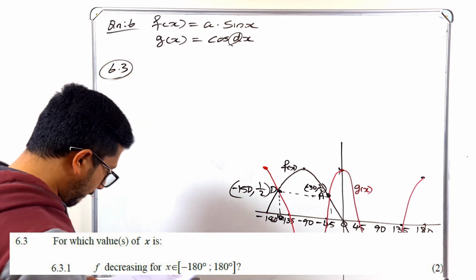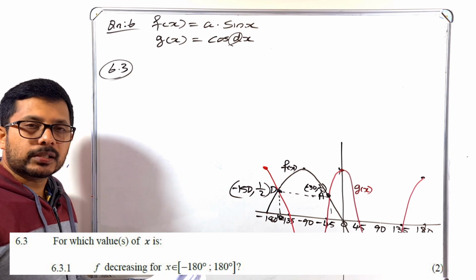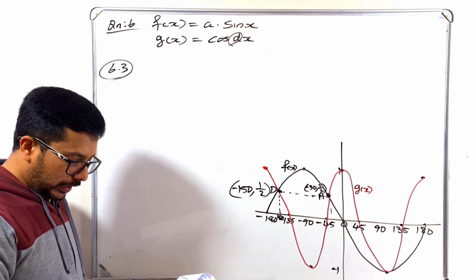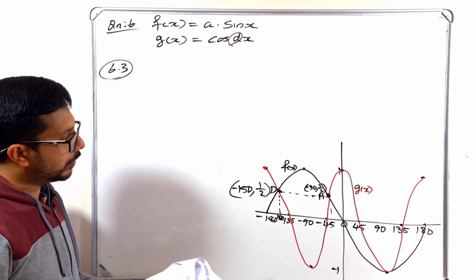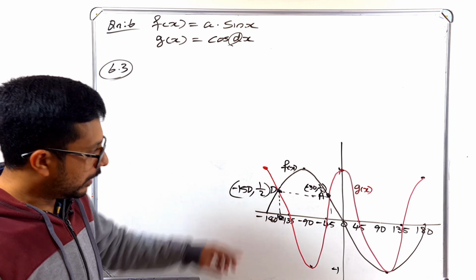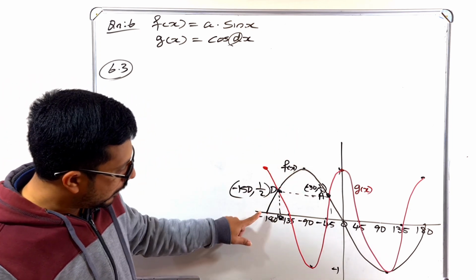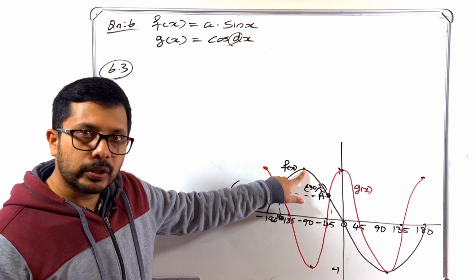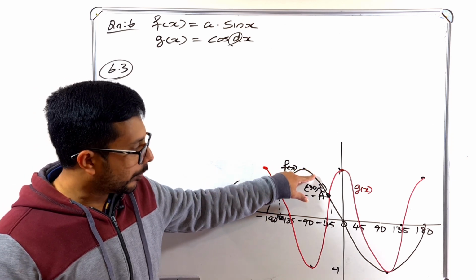What is that question? For which values of x? You have to find the values of x. F is decreasing from minus 180 to 180. F means here I represented with the black color. Here you can see that the f graph is increasing until this point, but after that point, what happened to the f graph?